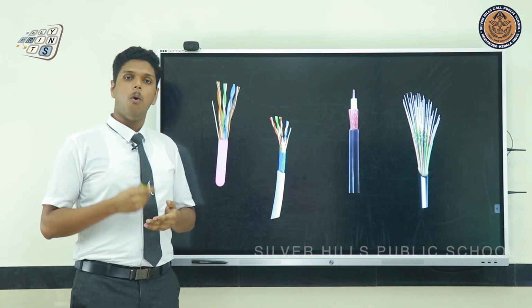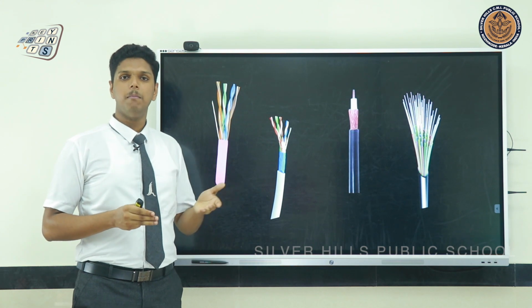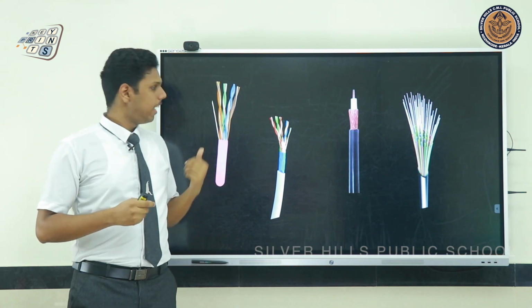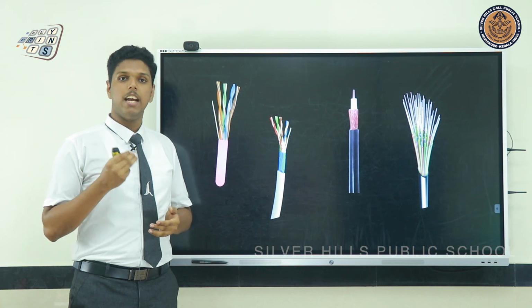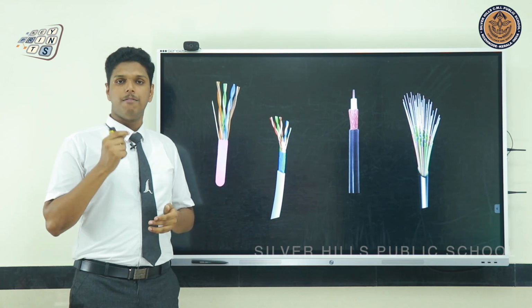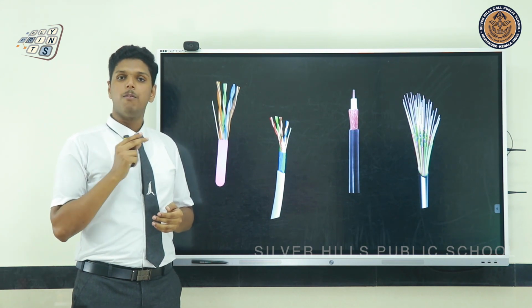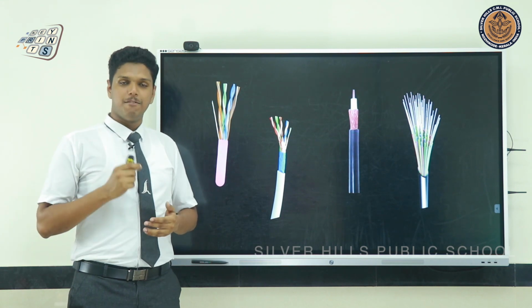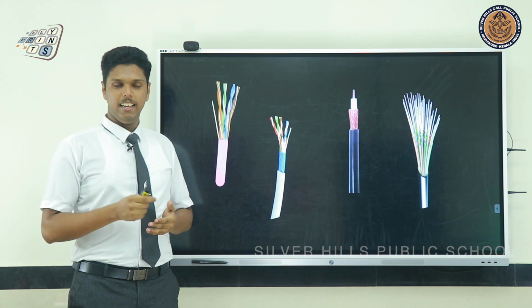And finally, we discussed fiber optic cable, which is the newest form of guided or wired media. In the other three cables, we made use of metallic wires to transmit data. Unlike them, fiber optic cable uses light to transfer signals from one point to the other. Each signal is sent with the help of an LED.